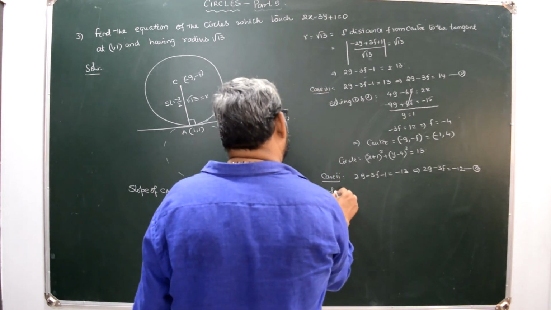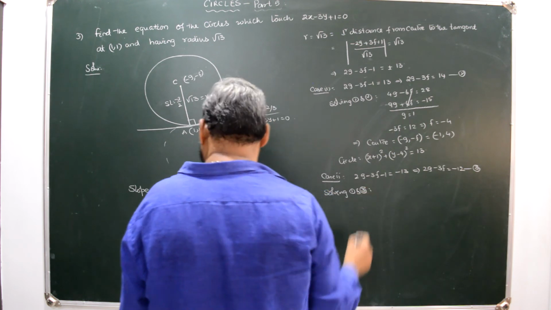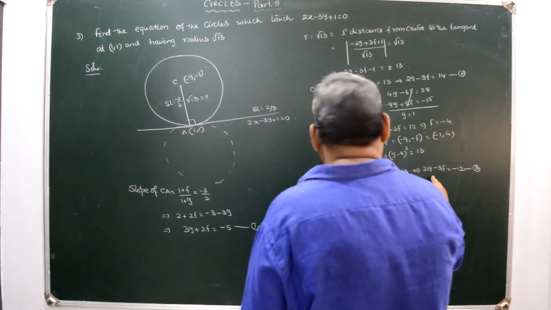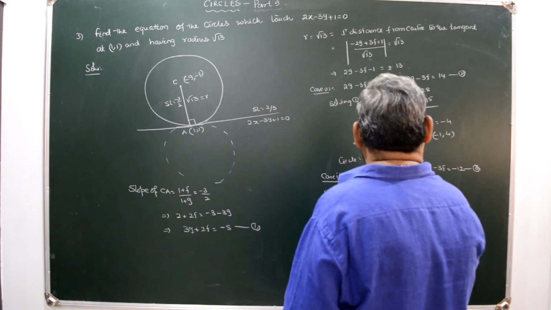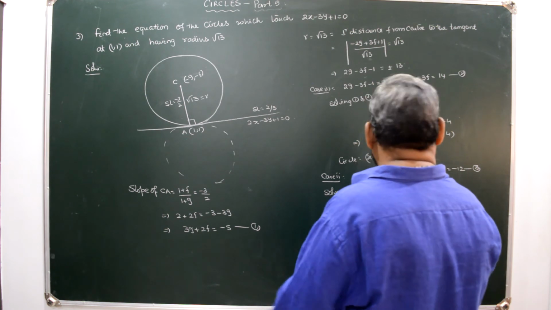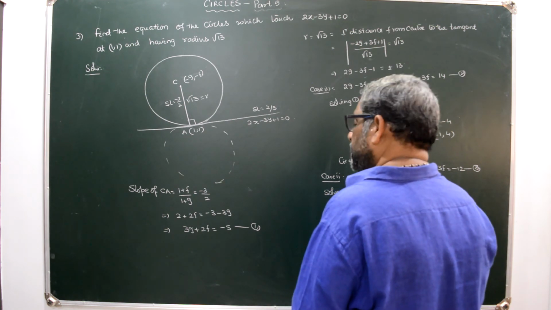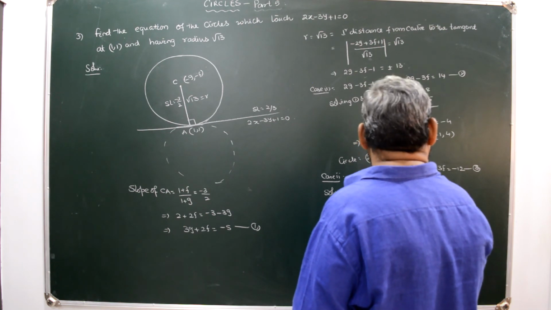Solving 1 and 3, you multiply this with 2: 4g minus 6f equal to minus 24. You multiply this with 3: 9g plus 6f is equal to minus 15.